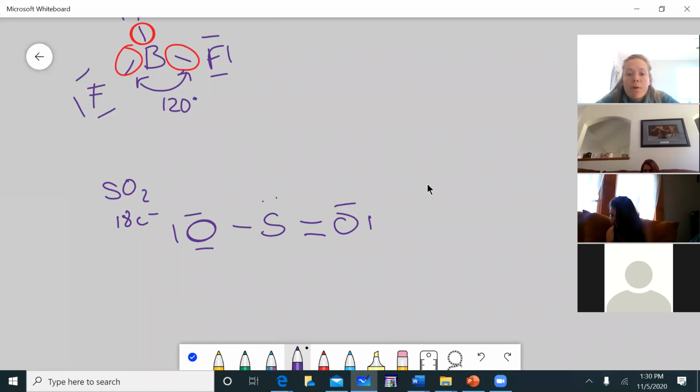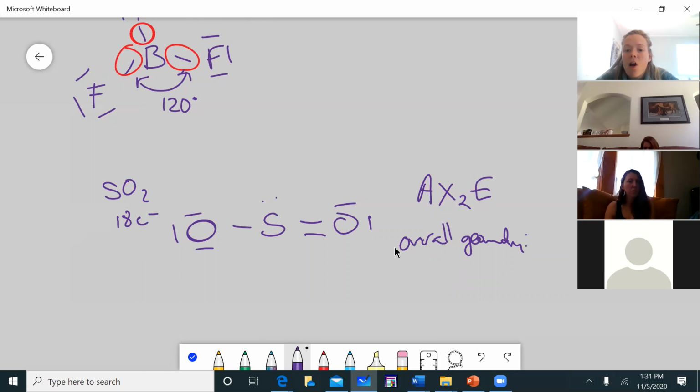So when I'm writing my formula, I have 1 atom in the center. I have 2 domains that are bonded. So X is going to be 2. And then I have 1 lone pair right here, AX2E. Now the overall geometry, and again, all this is summarized on that sheet, but the overall geometry is looking at all the electron groups.